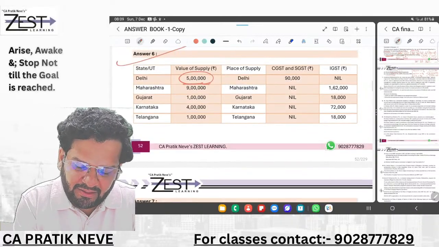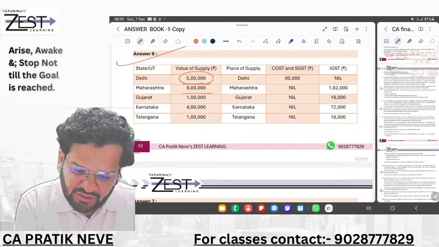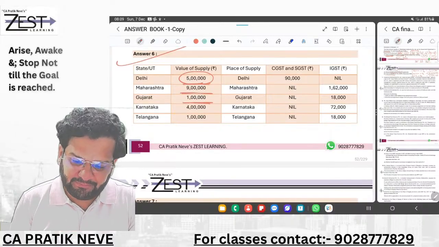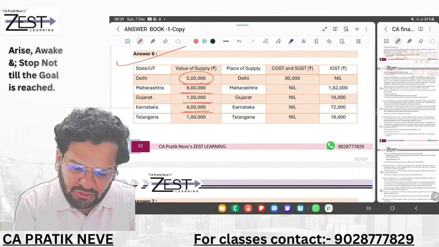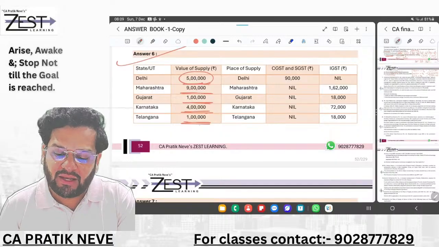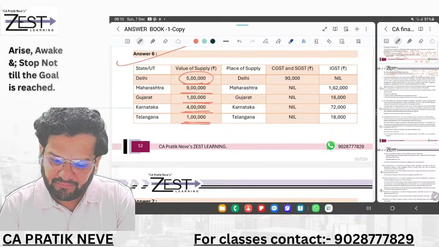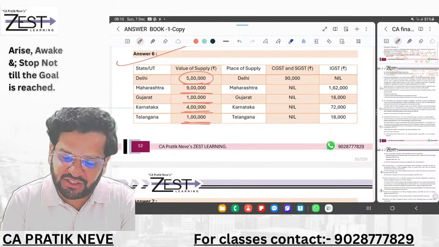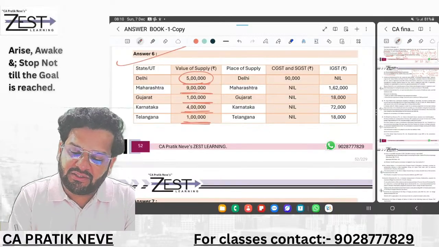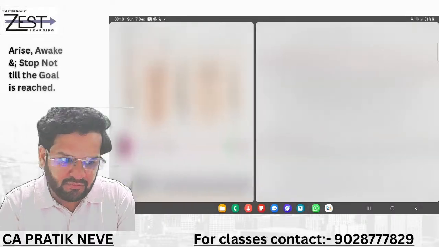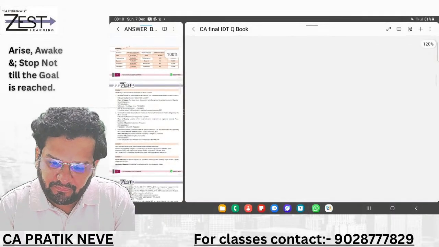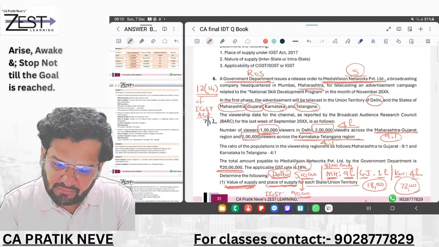See 5 lakh Delhi, Maharashtra 9 lakh, Gujarat 1 lakh, Karnataka 4 lakh, Telangana 1 lakh. This is so clear. Values are clear. Just change your GSTs. In case of Delhi, LOS is in Maharashtra. You have fixed that.